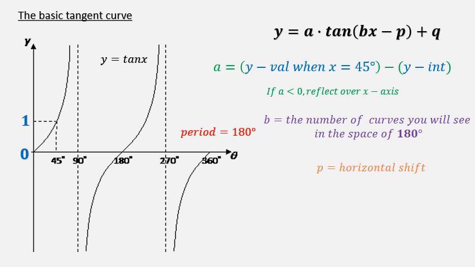And then P represents the horizontal shift, while Q represents the vertical shift. Again, we can't say Q equals max plus min divided by 2 because there are no maxima and minima. So here your Q is merely your y-intercept. Easy peasy.